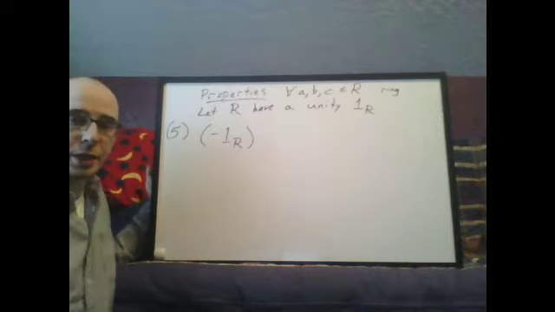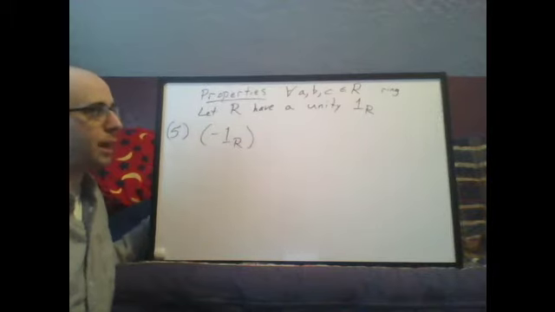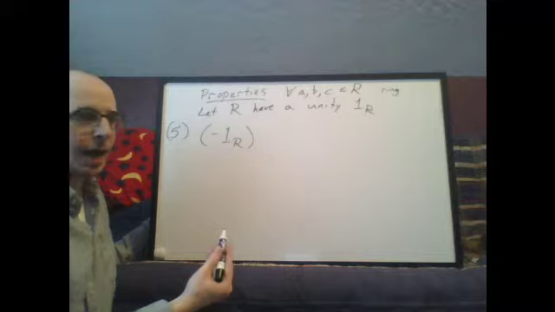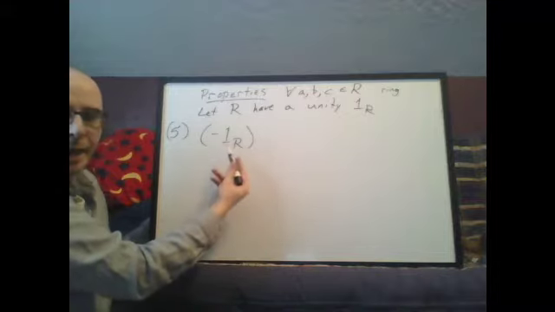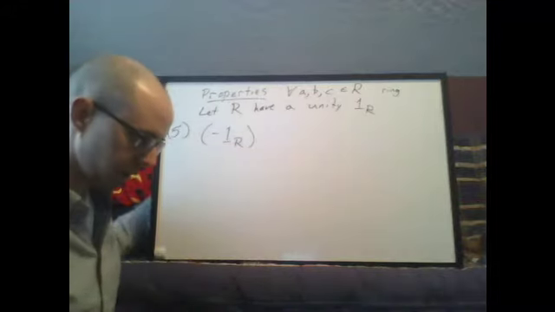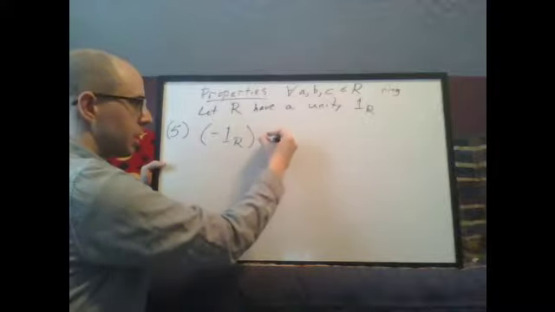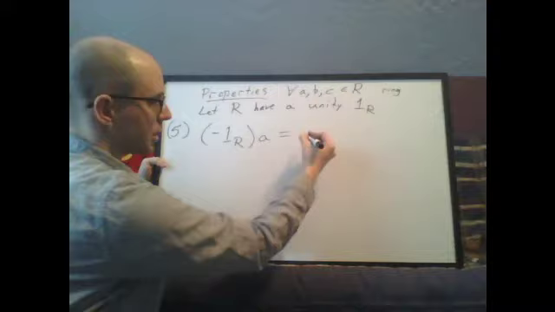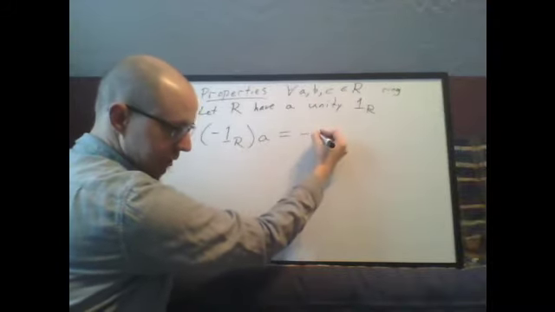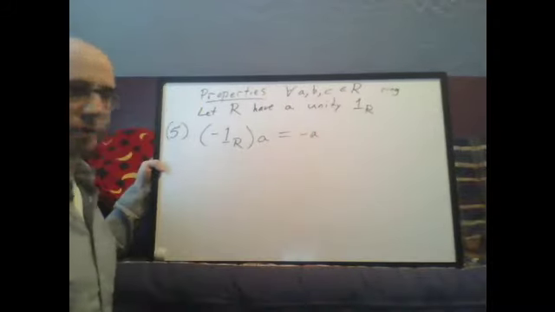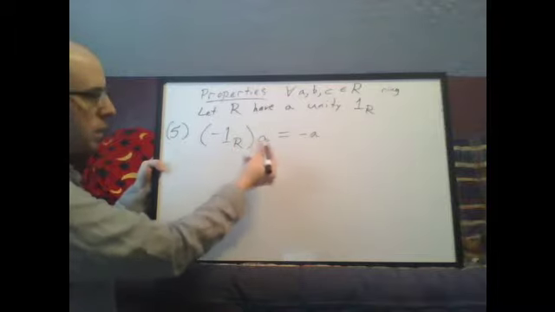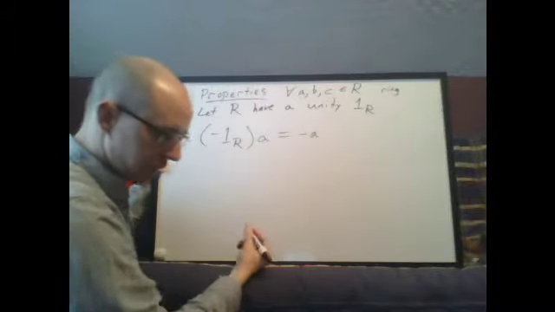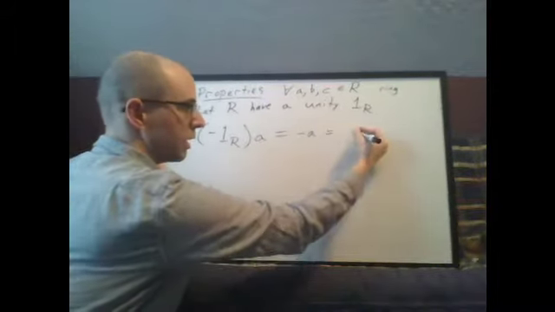Once we have a unity, so once there is a 1 element, it has an additive inverse, which we would call negative 1, so minus 1. And so what we want to say is that multiplying by this negative 1 is the same thing as taking an additive inverse. So negative 1 times A is equal to negative A. And this would also be A times negative 1.